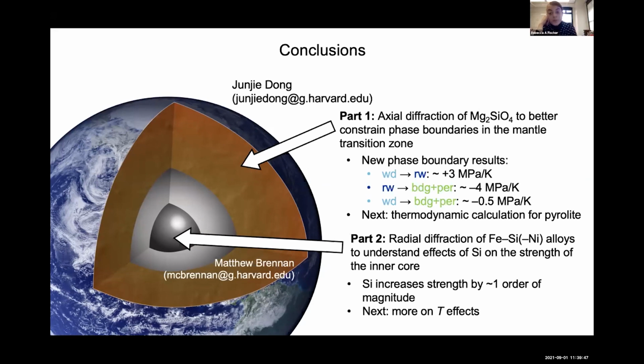The ringwoodite is metastable, yeah. So if you only look at data on heating, you start with, say in this example, just ringwoodite. Then you heat it up and you see ringwoodite and bridgmanite and periclase. And that tells you you've crossed the boundary. But you might have overcrossed it, right? You might have, yeah. So we go really slowly and we take small steps and we sit there for a while.